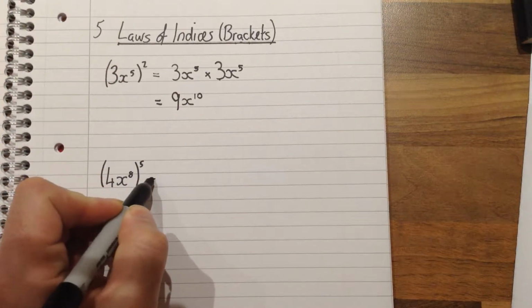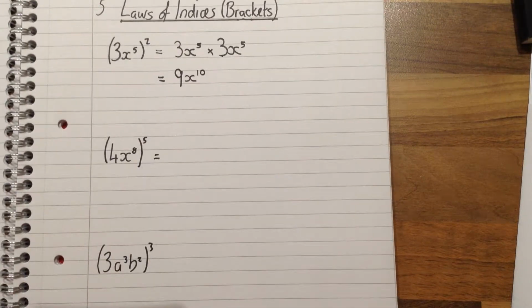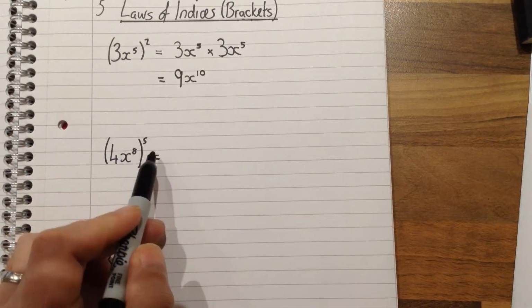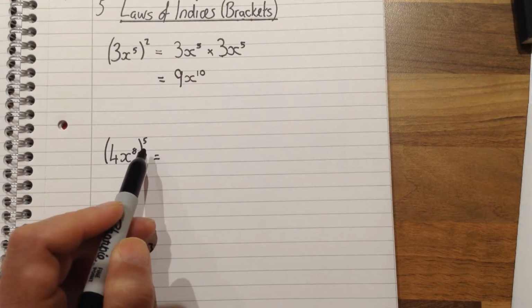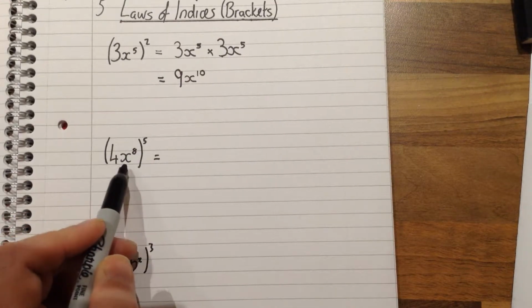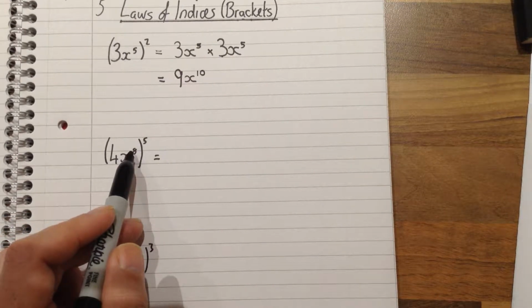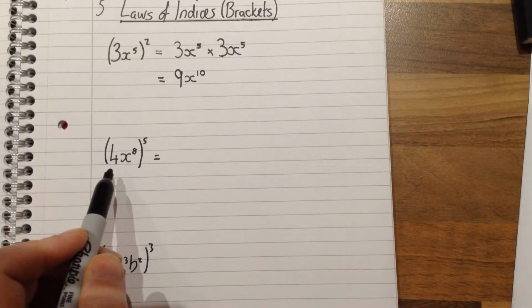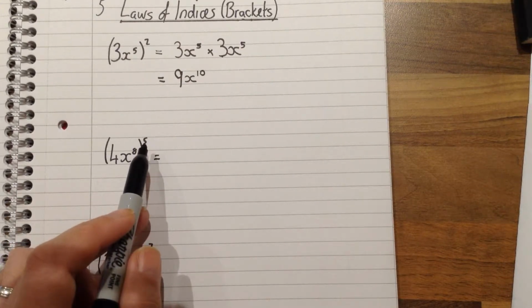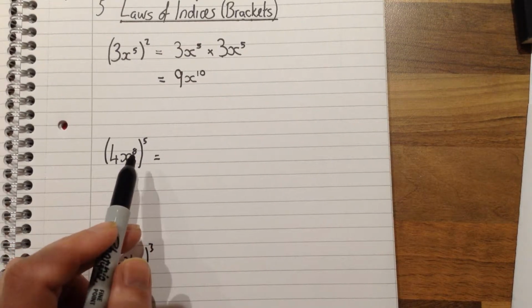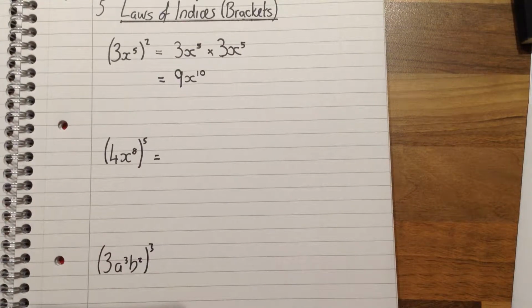For the next question, we've got the same idea, but here we've got a slightly larger power. So now we've got 4x to the power of 8 in the brackets, and on the outside to the power of 5. Now remember, power of 5 means you are going to multiply something by itself 5 times over.